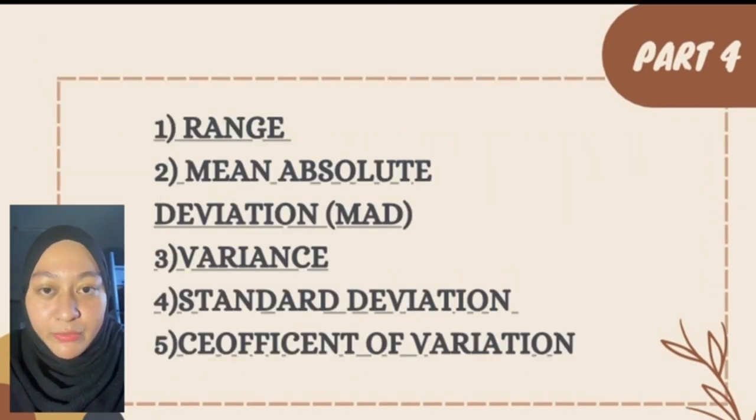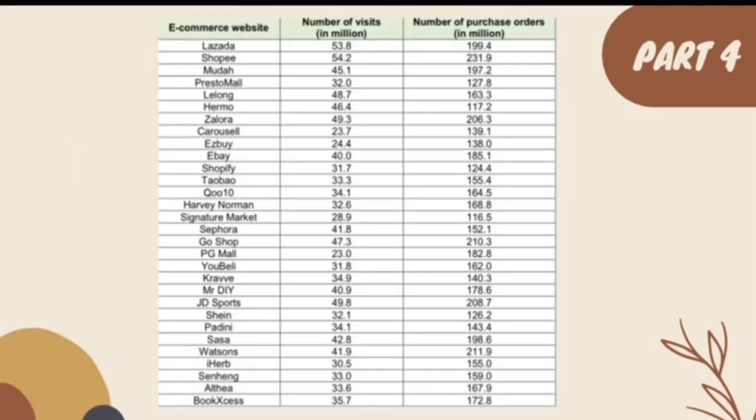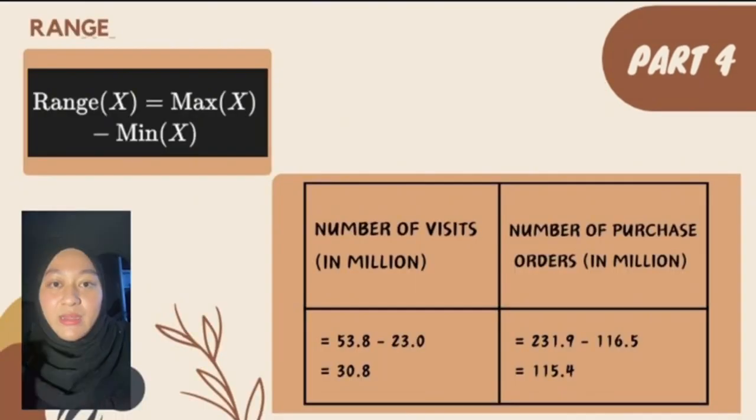In this part, I'm going to present about calculating and comparing measures of dispersion between two metrics. There are five we have to calculate and compare, which are range, mean absolute deviation, variance, standard deviation, and the last one is coefficient of variation. First, we have to find range. How to find range?